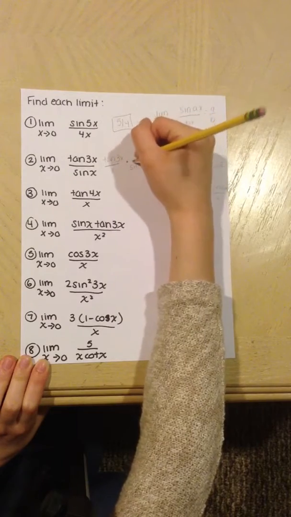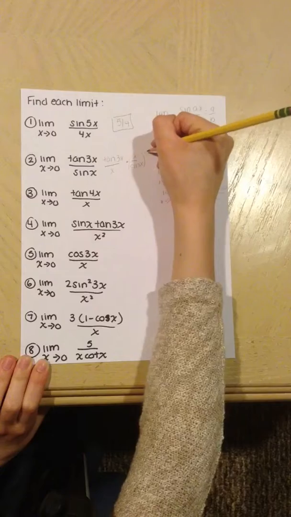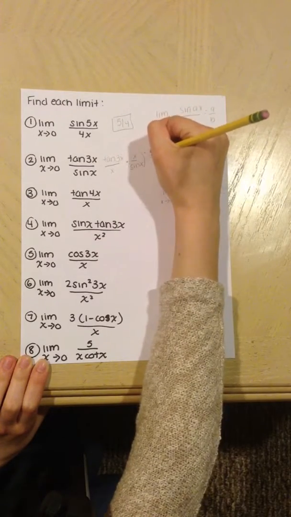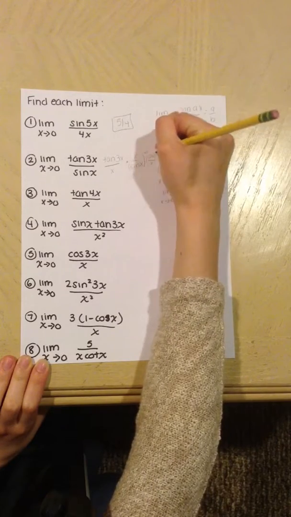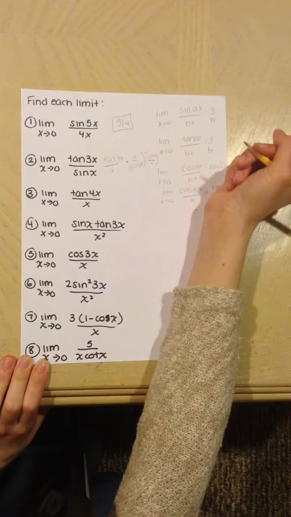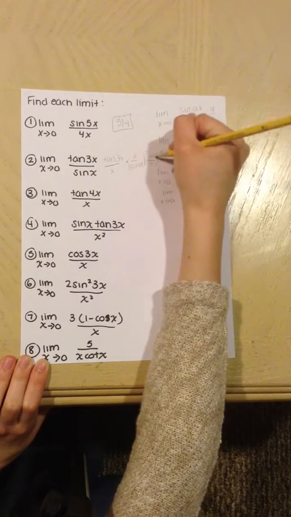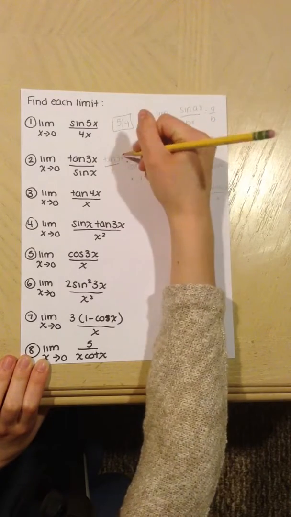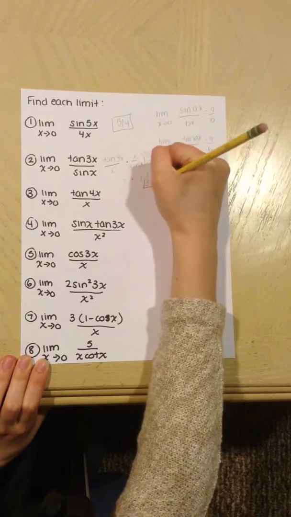Now for this one, we could raise this to the negative 1, which would make this sine x over x to the negative 1. And that would be 1 to the negative 1, which is still 1 times, we know this is 3. So our answer is 3.